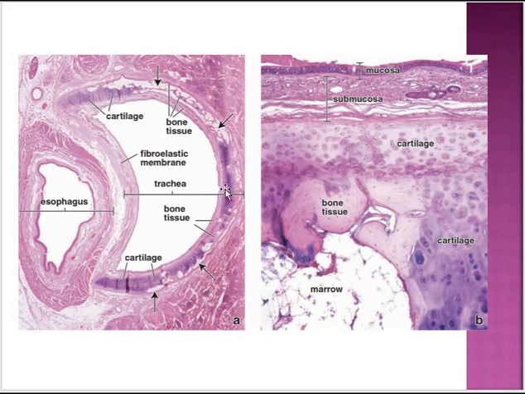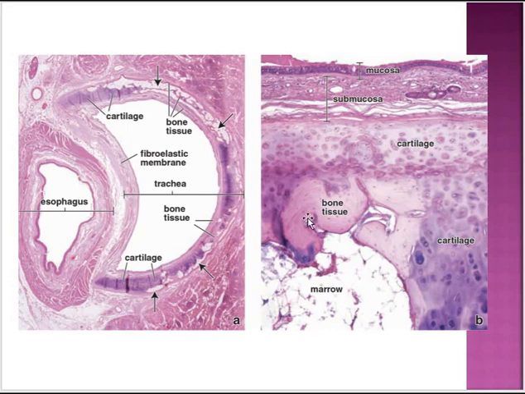The posteriorly facing open ends of the C rings are connected to each other by slips of smooth muscle, that is the trachealis muscle, here you can see, whose contraction reduces the diameter of the trachea, accelerating the flow of air through this tubular structure. The lumen of the trachea resembles the shape of the capital letter D, as we are looking here.